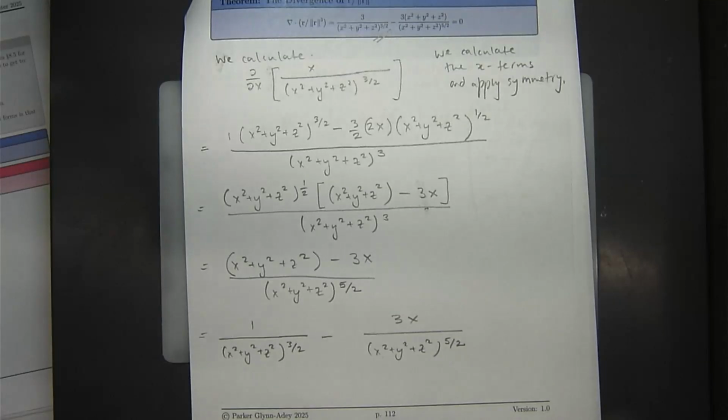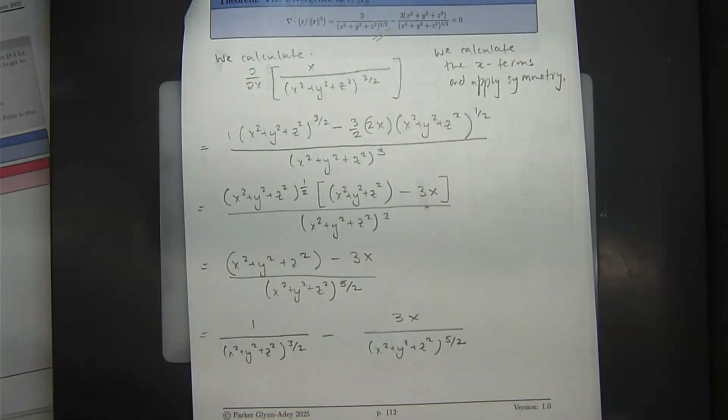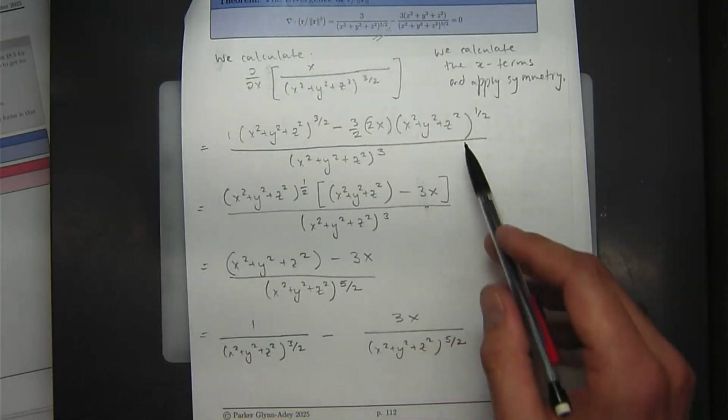That looks pretty good. Going a little bit strange with this x here, though. I'm expecting a squared there. Did I miss an x?